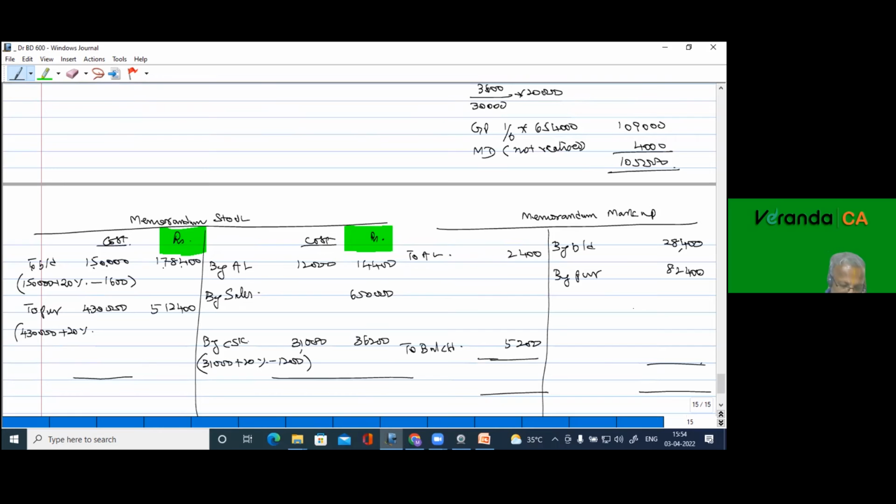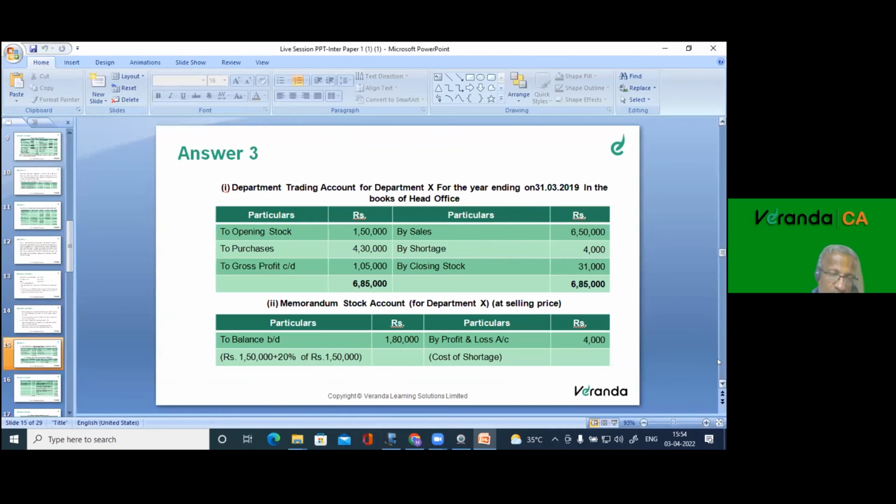Now let us just find out 178,400 plus 512,400 minus 14,400 minus 6,40,000. Okay. Now let us see how the markup account is taken up.